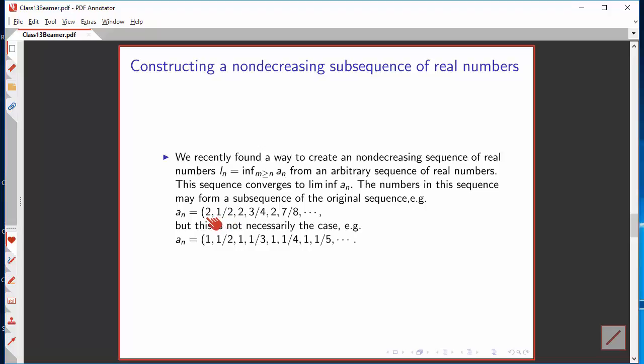You can say, well, if we go this far, the smallest payoff we can ever get is 3/4. But if we go to here, the smallest payoff we can ever get is 7/8. So the numbers in the sequence of infima, 3/4, 7/8, and so on, are an actual subsequence of the original sequence. But that's not necessarily so.